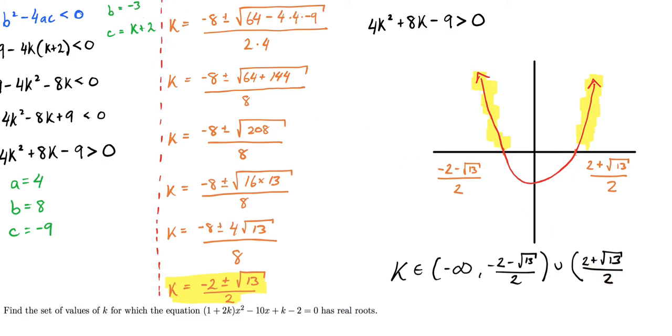Oops, I've made a mistake, sorry. This should be minus. That should be a minus.